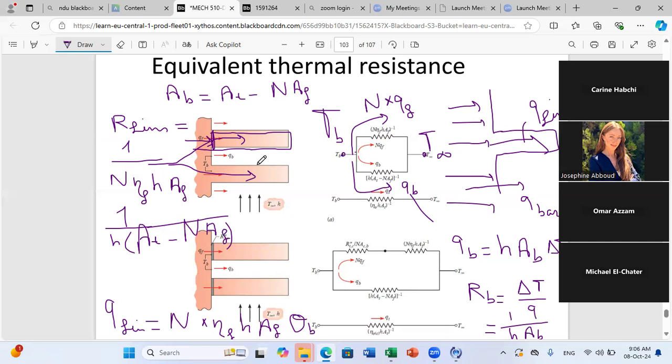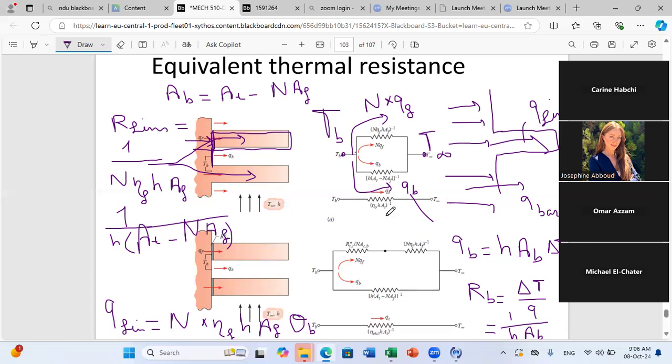Okay, and now once you have the expressions of resistances, you can say that since the heat is divided into a part evacuated through the base that is not covered by fins and a part that is evacuated through fins, it is divided into two resistances in parallel. You know how to reduce two resistances in parallel to one equivalent resistance.